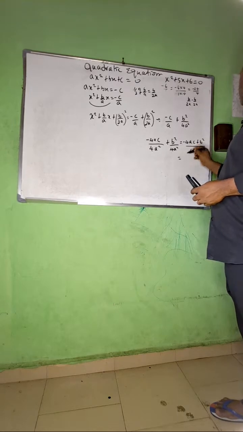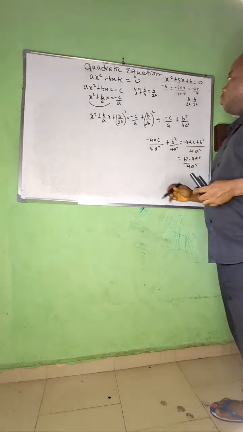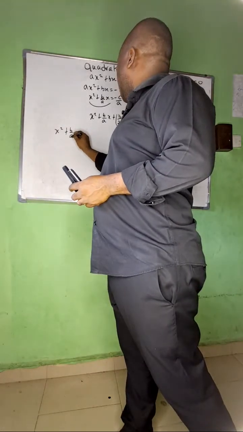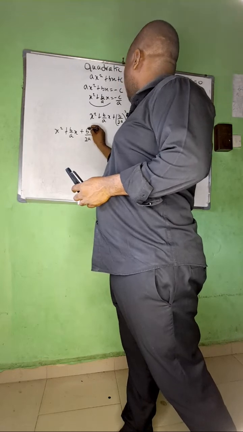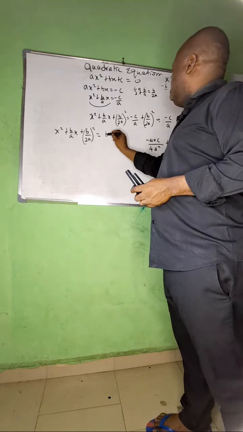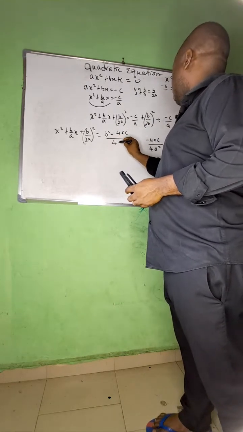So I can write this as b squared minus 4ac all over 4a squared. So I am having x squared plus b over a x plus b over 2a squared equals b squared minus 4ac all over 4a squared.